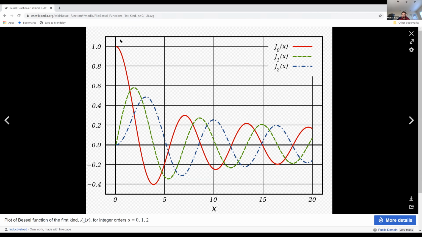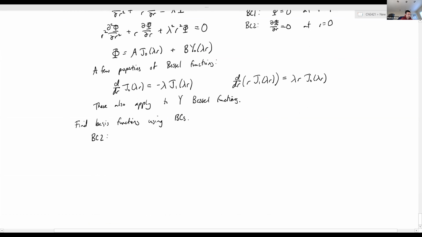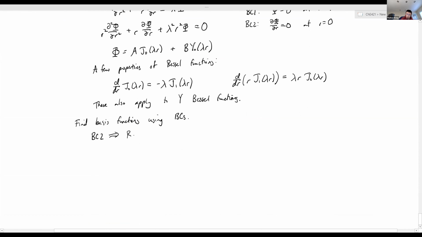What we had before was that phi is equal to a times J0 plus b times Y0, and we know that Y0 approaches negative infinity when r equals 0, and therefore b is equal to 0. So BC2 implies that b is equal to 0.